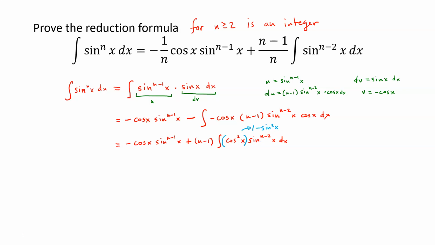Sine squared plus cosine squared equals 1. So cosine squared is equal to 1 minus sine squared. So let's see what we have now. So we got 1 minus sine squared times sine to the n minus 2.